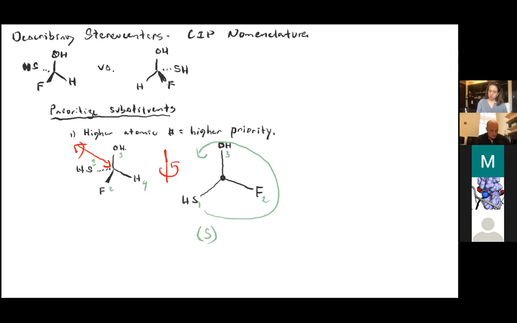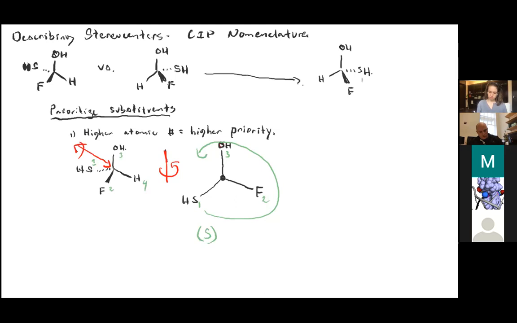I can do this exercise for the other enantiomer. Maybe it's worth doing. So I'll just draw, we'll have a little inset over here. Okay, and so again, we'll do the prioritization.